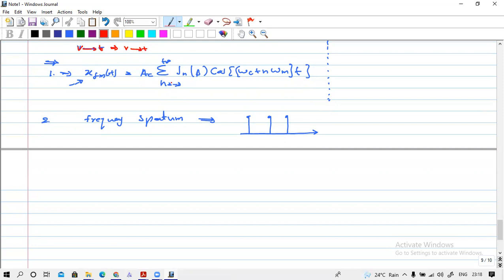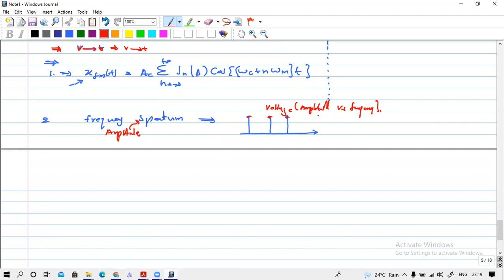So amplitude is normally a voltage value, and in the frequency spectrum we plot voltage, or amplitude, versus frequency. Sometimes this is called the amplitude spectrum, where we find the amplitude with respect to frequency.